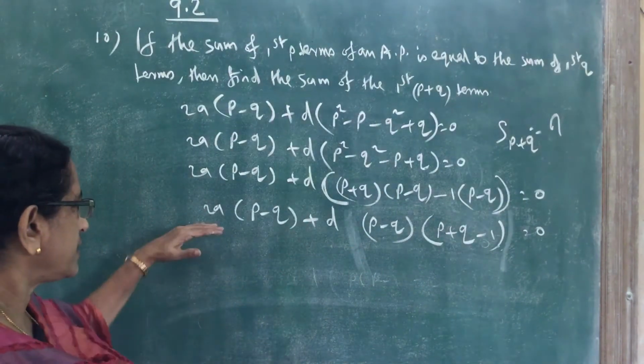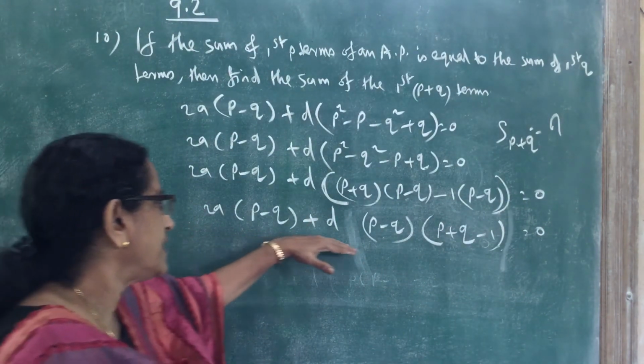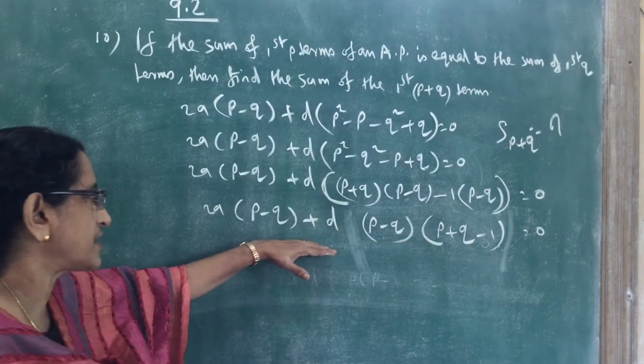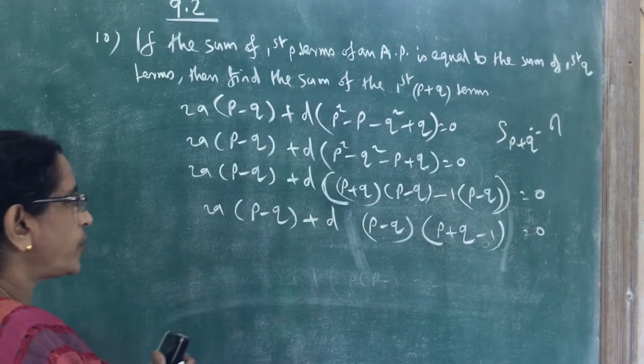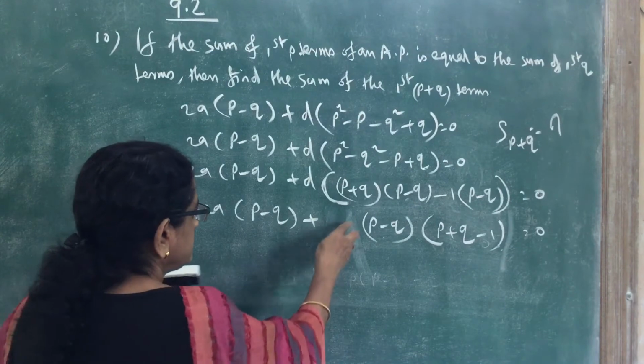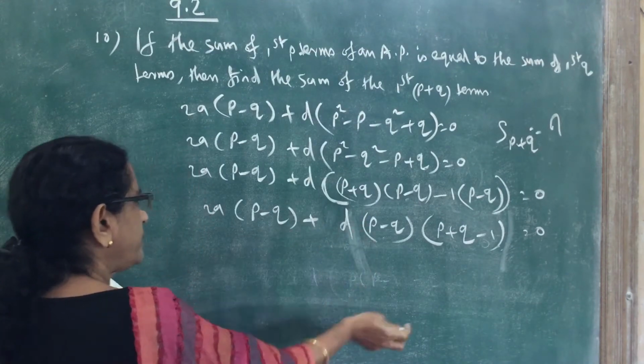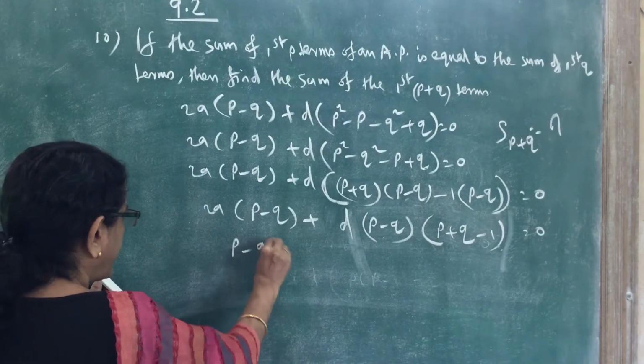Now see here, this term p minus q is a factor, and this term also p minus q is a factor. So from these two terms we are going to take p minus q as the common factor.